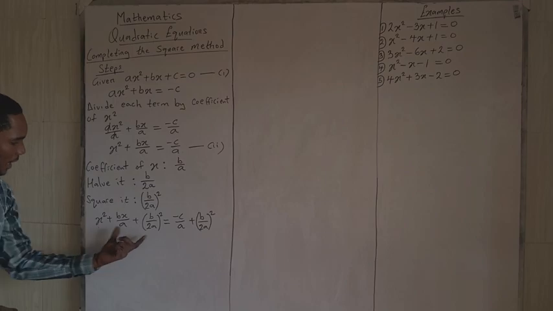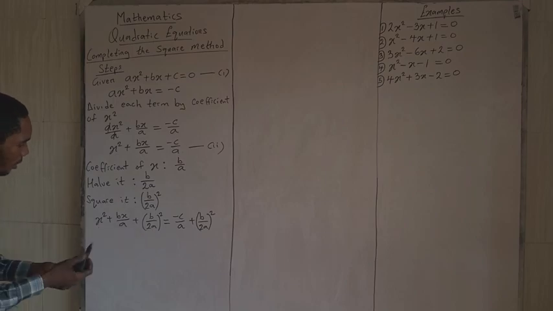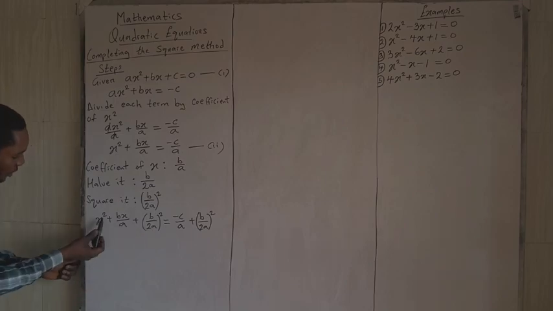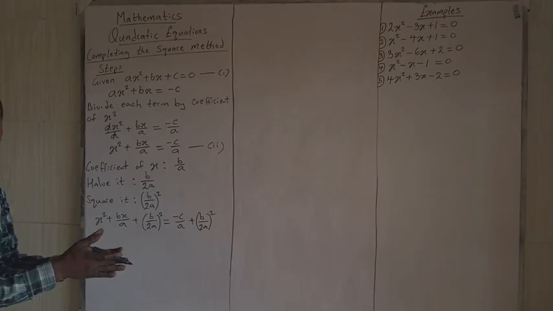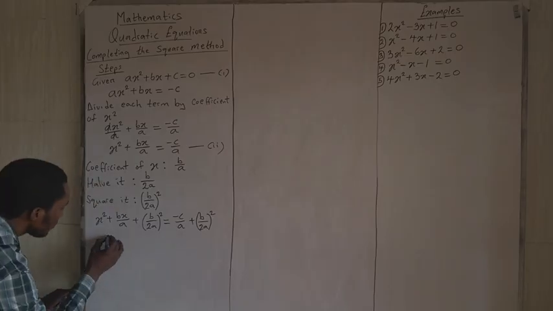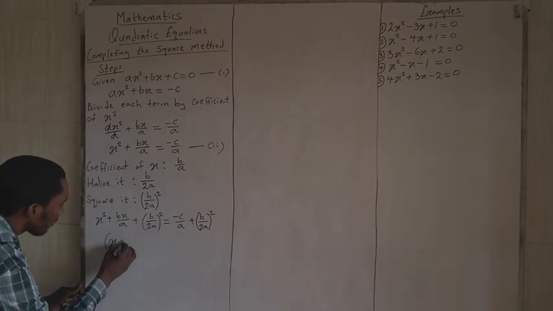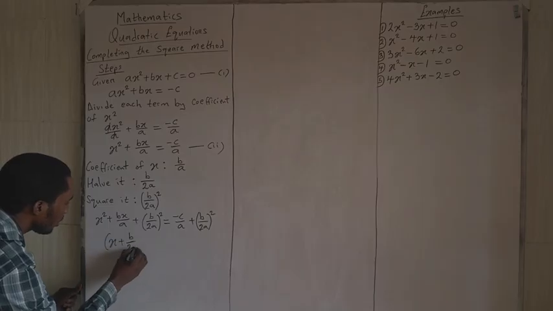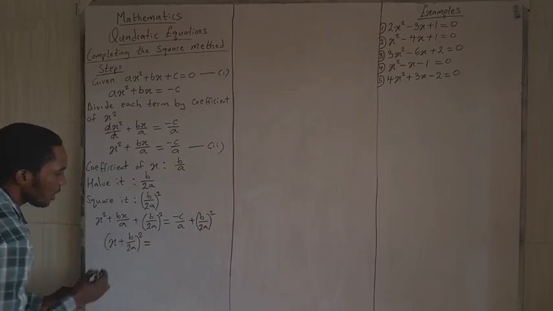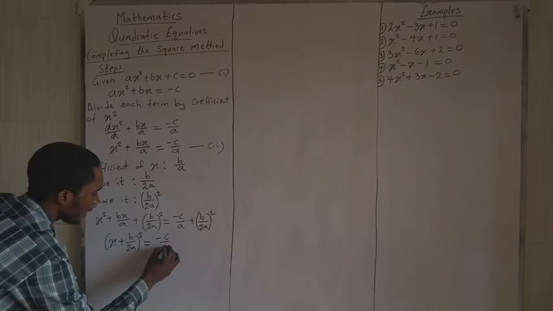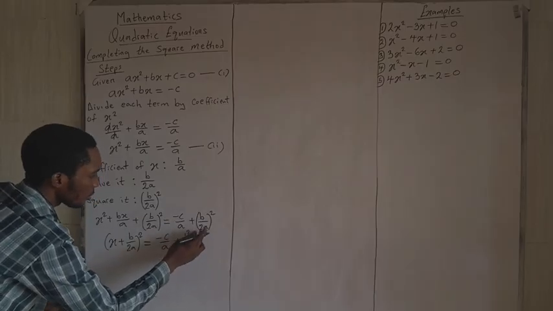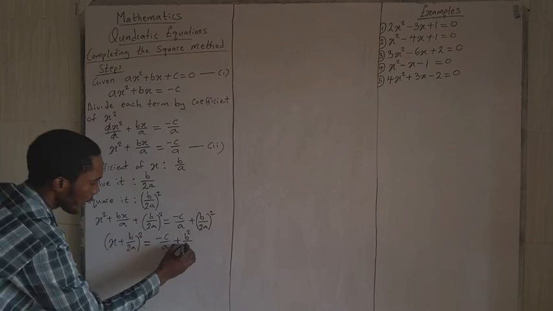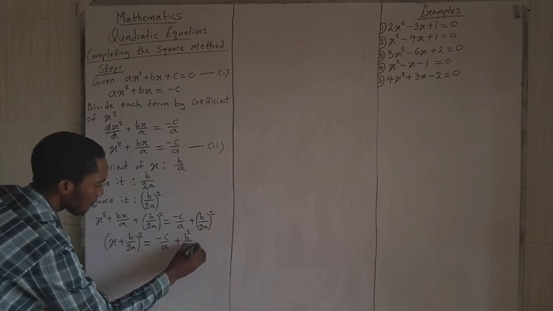What we are going to do at this side of the equal sign is, what are the variables that have squares? We have x, which has a square, and we also have b over 2a, which has a square. Let's bring them together inside one bracket and square it. This will give us (x plus b over 2a) squared, which is equal to minus c over a plus b squared over (2a) squared. 2 times 2 is 4, so 4a squared.